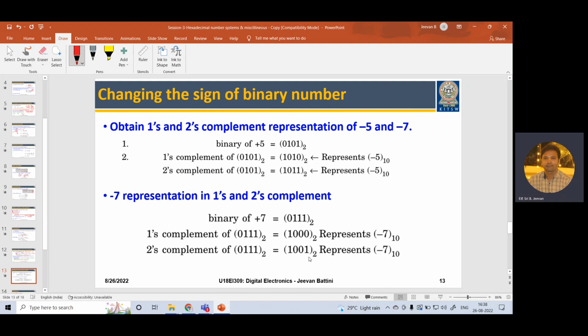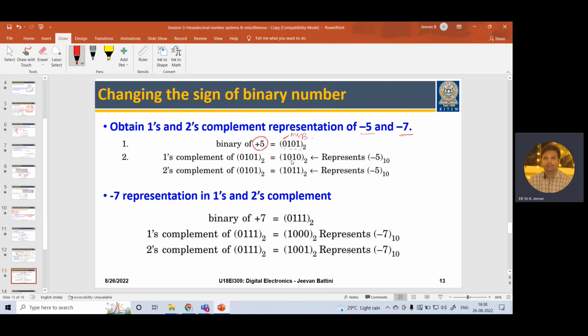Suppose I want to get 1's and 2's complement representation of -5, -7. First, what is +5? How is it represented? 0, 1, 0, 1. Right? So 0 in the leftmost bit indicates a positive number. This is also referred to as the most significant bit.